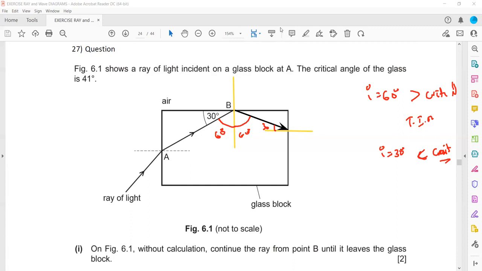In simple refraction, light is moving from glass to air, so it bends away from the normal, and the speed of the light will increase. So if the angle within the glass is more than critical, light will bounce back. If it is less than critical, it will refract. If it is equal to critical, like for example if this angle was 41, then it will pass along the boundary.